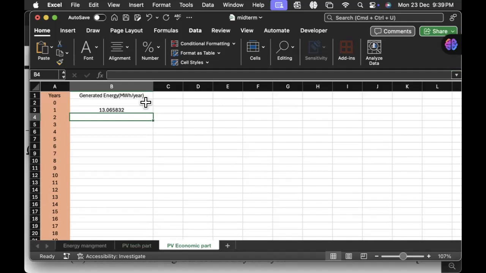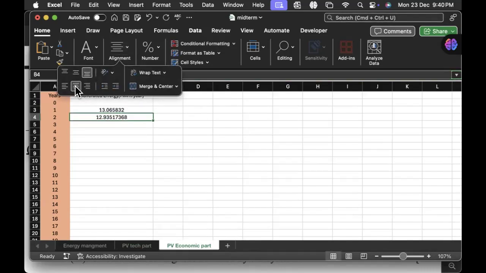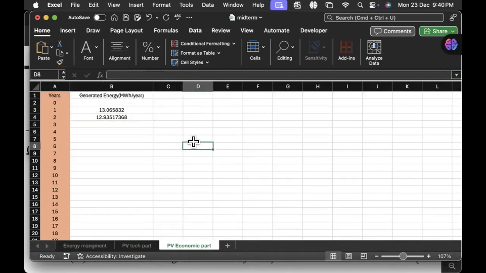So that means that in 20 years we are going to have some sort of reduction in the power. So in year number 2, for example, what we are going to get is this energy times 0.99. So we are going to lose roughly 1% per year. This is not an accurate way to do it, but it's a roughly good compromise between accuracy and simplicity.